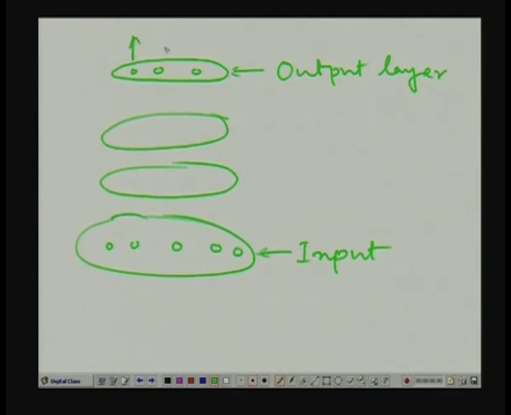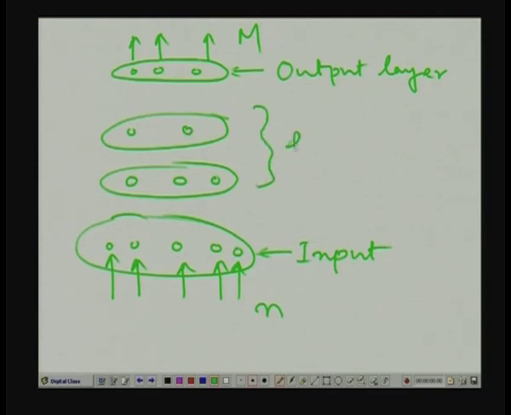The number of neurons in the output layer is the same as the number of classes, and the number of neurons in the input layer is the same as the dimensionality of the feature vectors. There are one or more hidden layers, and from every layer the neurons are connected to the neurons of the upper layer through connection weights.